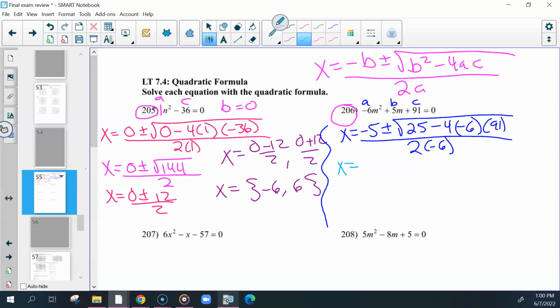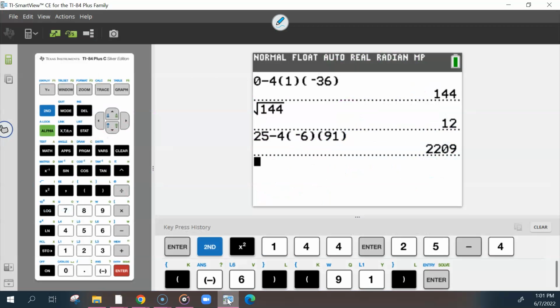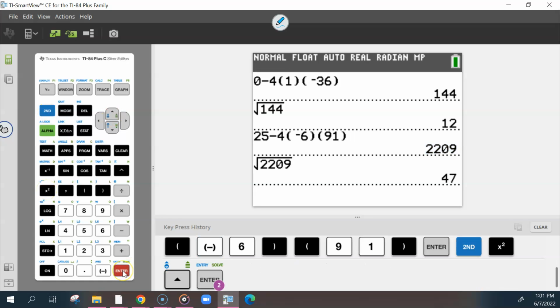We can write that as a simplified version, negative 5 plus or minus the square root of 2209 over negative 12. I wouldn't know if 2,209 is a perfect square or not unless I tested it. So here, if I put this in, I got a whole number. If I didn't get a whole number, then I would just leave it as the square root of 2,209.